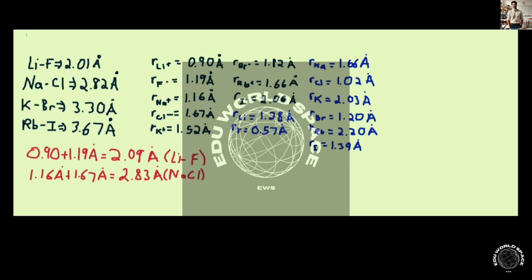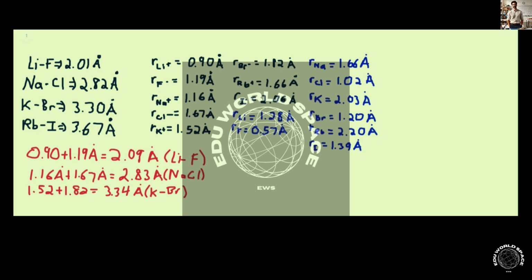For KBr, what's it going to be? 1.52 plus 1.82, that's going to equal 3.34 angstroms for KBr.